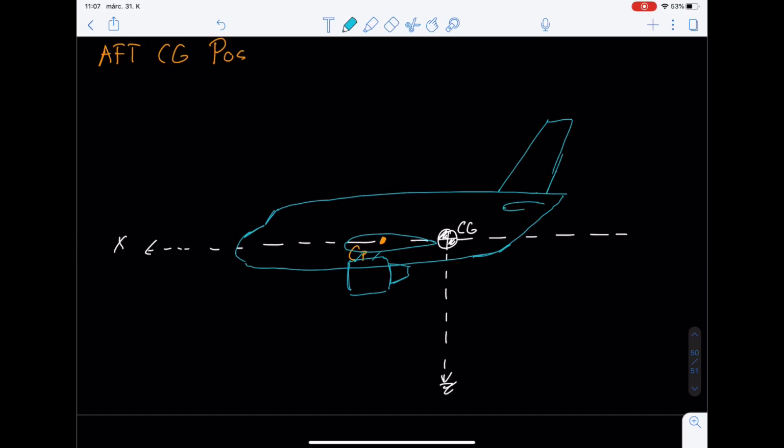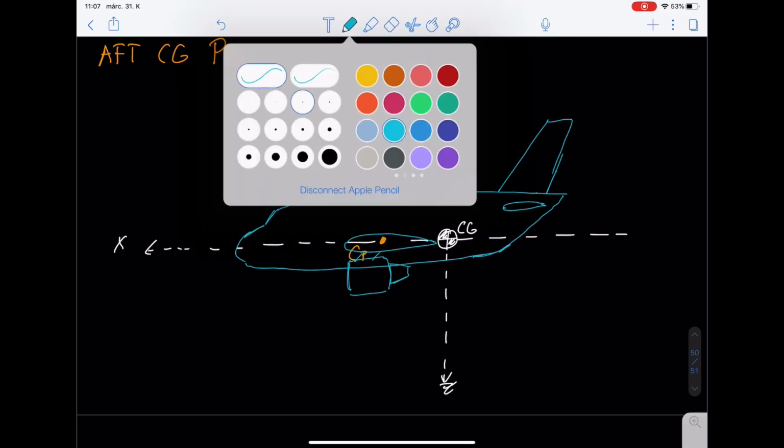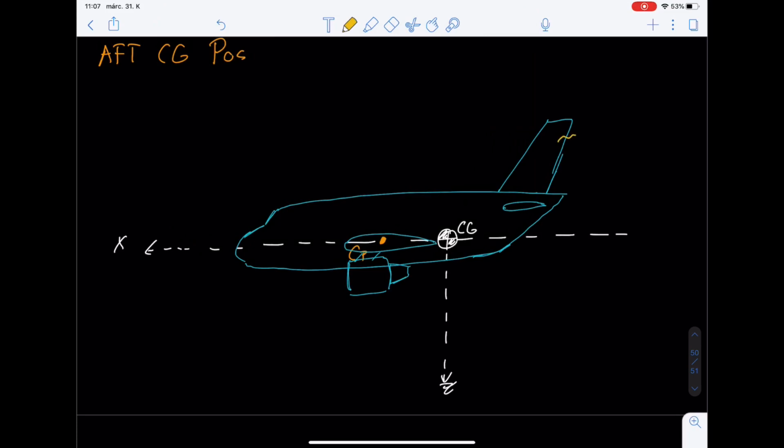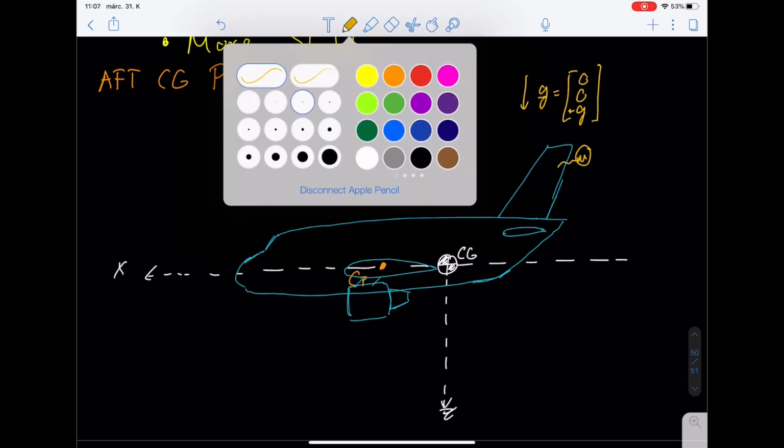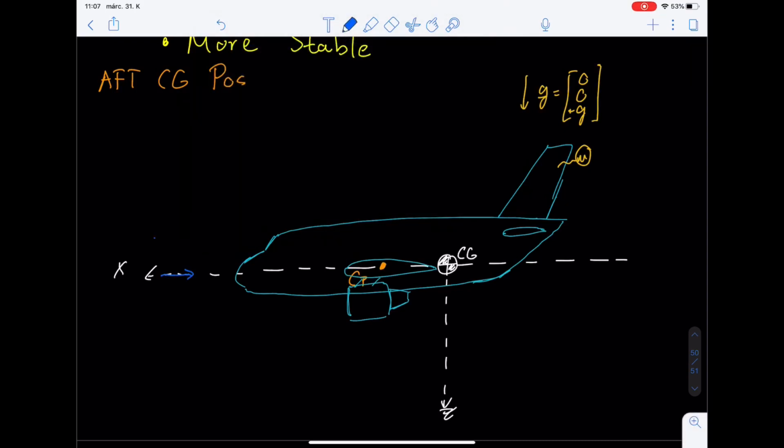So we're not going to go into the same amount of detail as we did with the previous one. So let's just quickly draw up the forces. Of course, the aircraft has a given amount of mass. You have a gravitational acceleration, which acts in the positive Z direction. And also you have a relative airflow in the negative longitudinal direction.